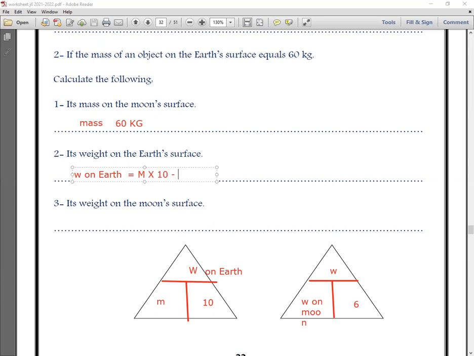So equals 60 times 10. So equals 600 Newton.